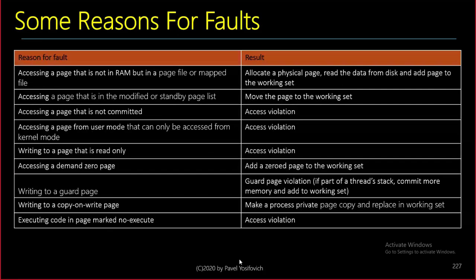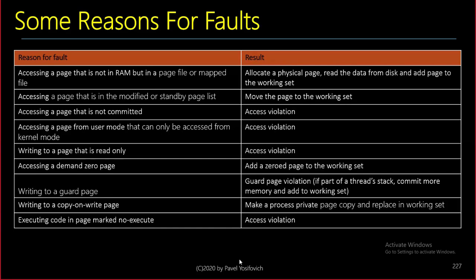So here are some reasons that cause a page fault to happen and how the memory manager handles them. So the classic case is when we access a page that is not in RAM, but it is in a page file or a mapped file. So maybe a DLL wasn't used for a long time, and so its code just went away, and now we need to use that code, and so we can go ahead and read that code again. And so that's fine.